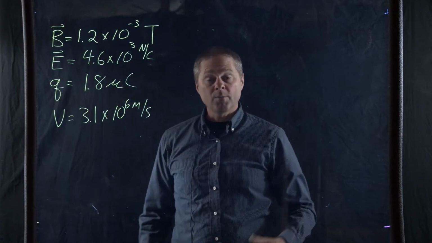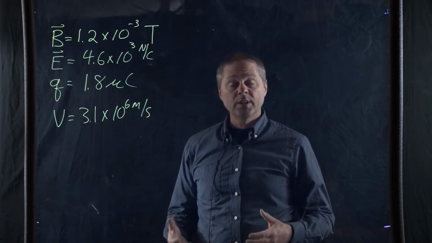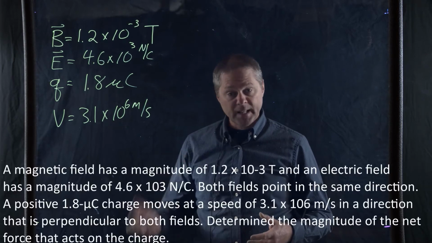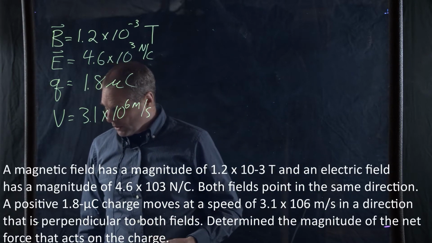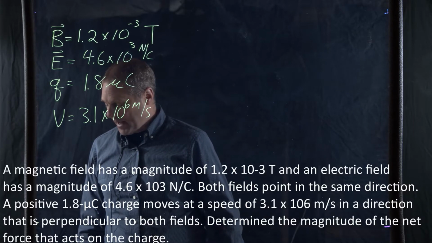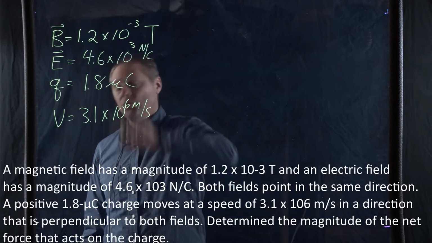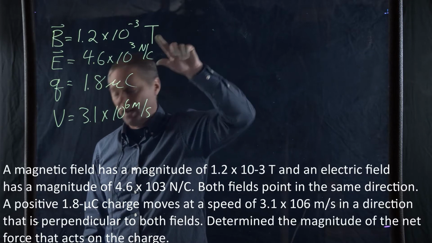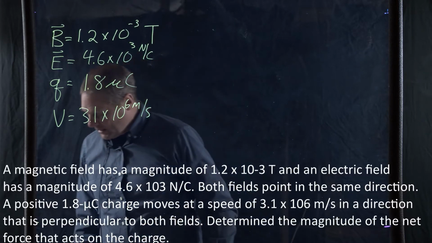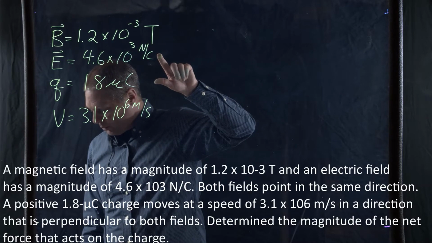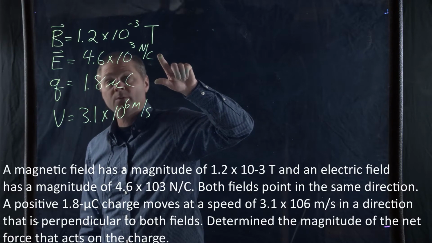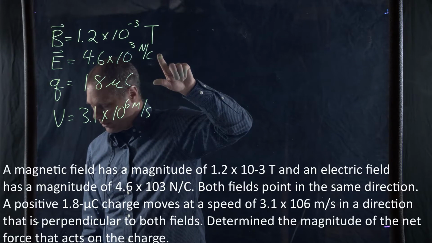All right, for this next problem, we're going to be mixing magnetic fields and electric fields together. The question reads as such. A magnetic field has a magnitude of 1.2 times 10 to the minus 3rd Tesla, and an electric field has a magnitude of 4.6 times 10 to the 3rd newtons per coulomb.